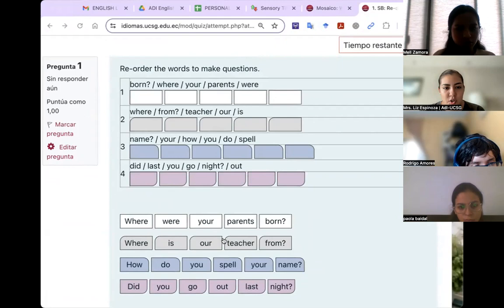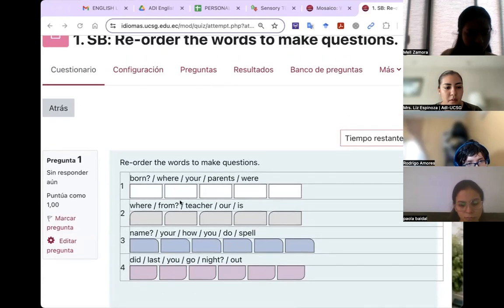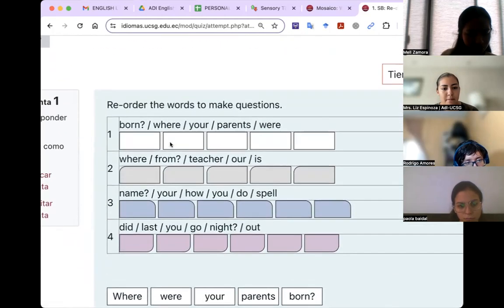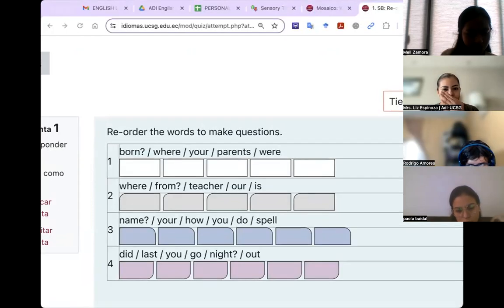You say to match, right? So yes, we have to match, but also we have to click on the options and move them into the right order. So let's see. I want to make this even bigger.